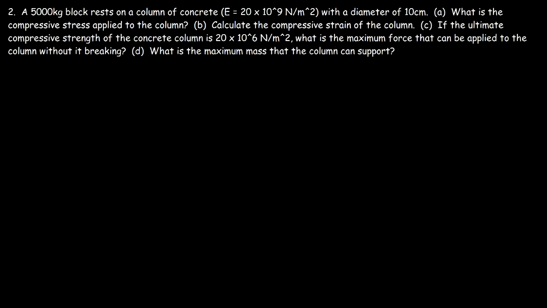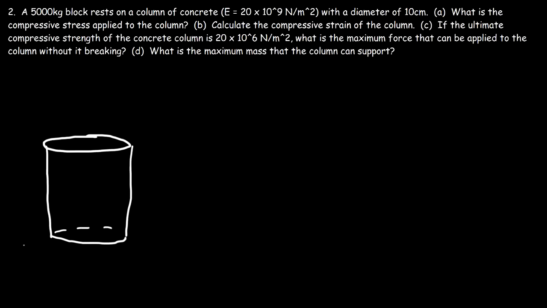Number 2, a 5,000 kilogram block rests on a column of concrete with a diameter of 10 centimeters. What is the compressive stress applied to the column? So let's draw a picture. So let's say this is the column, and let's say this is the ground.